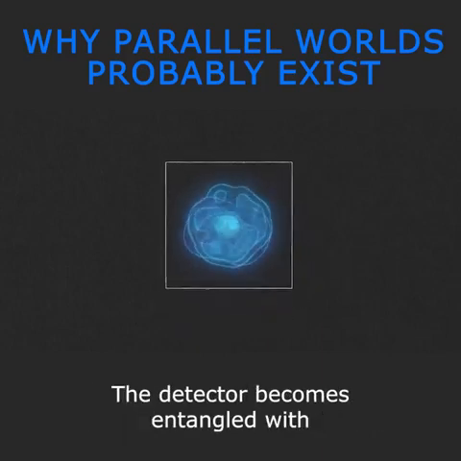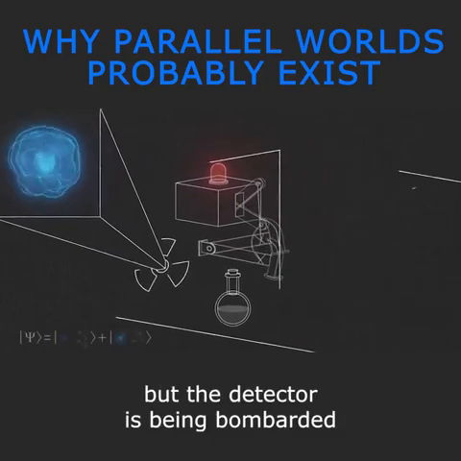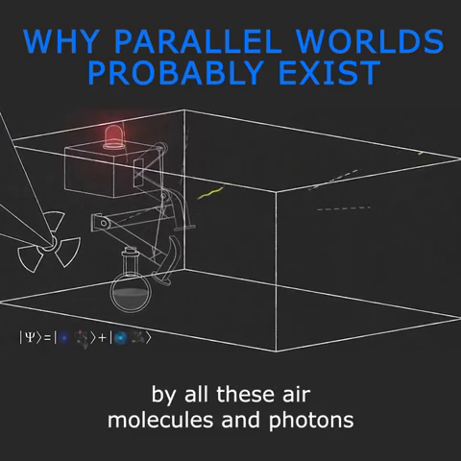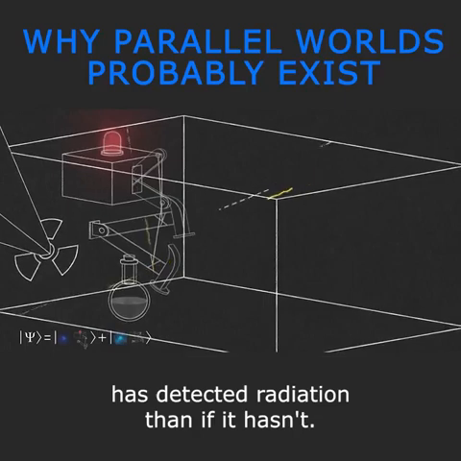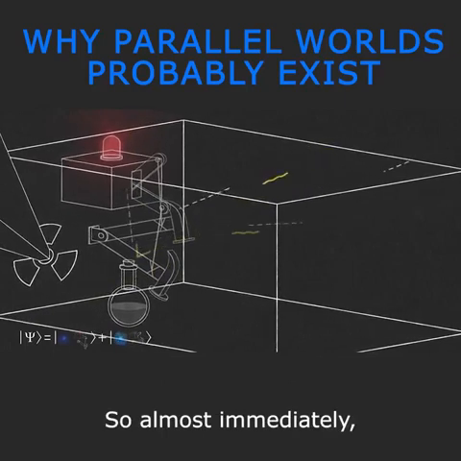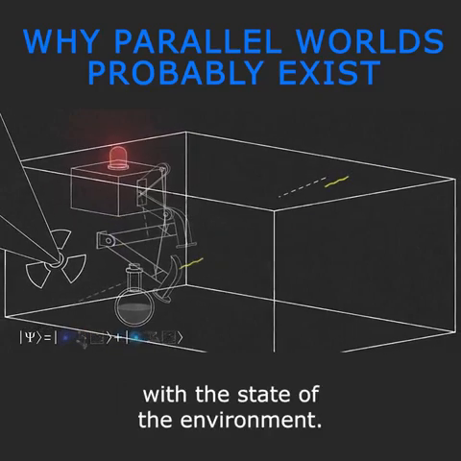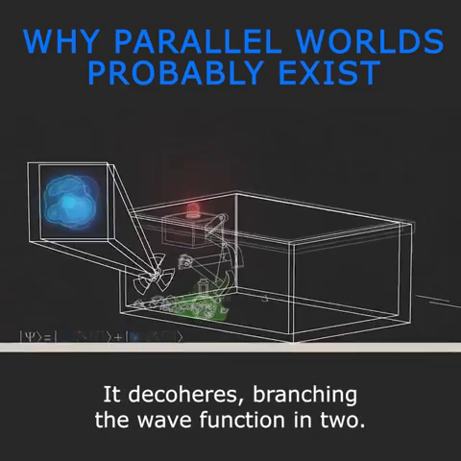The detector becomes entangled with this superposition state of the atom. But the detector is being bombarded by all these air molecules and photons in the box, which would bounce off differently if it has detected radiation than if it hasn't. So almost immediately, the detector becomes entangled with the state of the environment. It decoheres, branching the wave function in two.